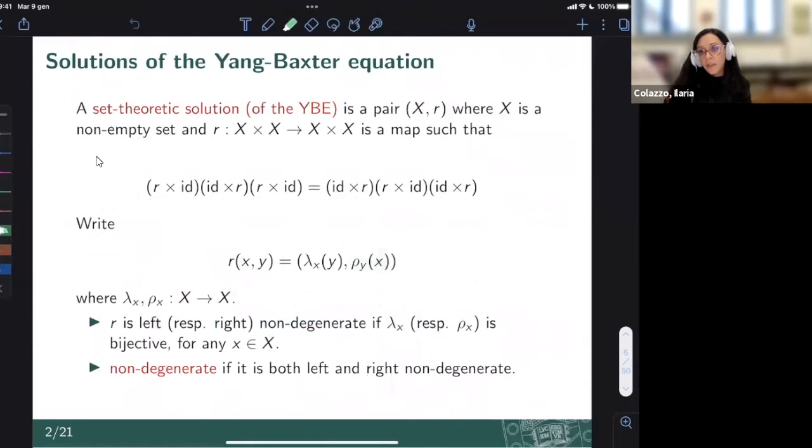We will use terms like finite when the set X is finite, bijective for the solution when the map r is bijective, or involutive when the square of the map r is the identity map.